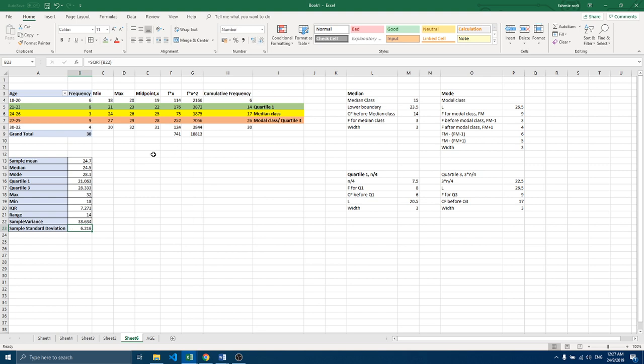Okay, so this is how your data distributes: the average age is 24.7 years old or 25, and the standard deviation is 6 years old. It varies by 6 years. Okay, so go back to your Word.